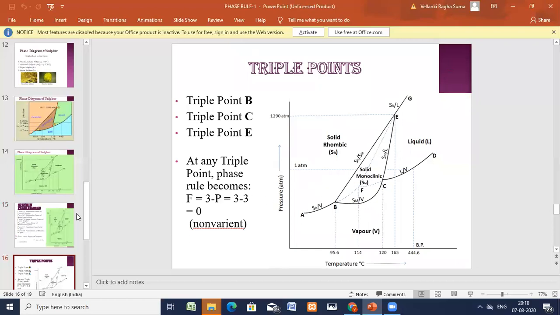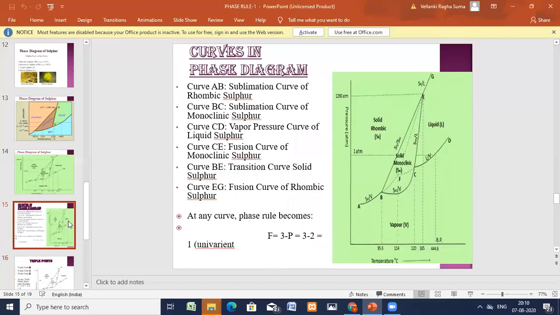Okay, you have understood in the previous slide. It is a univariant system. In the univariant system, you have the formula F is equal to C minus P plus 2. C is 1.